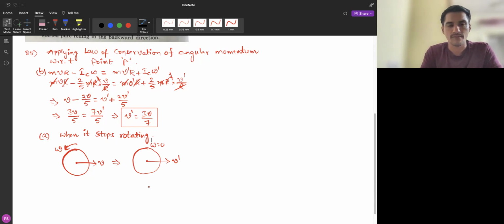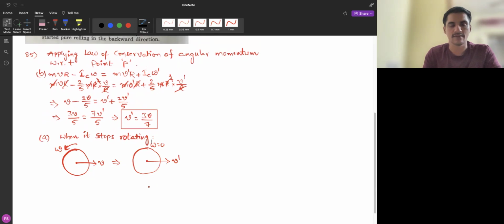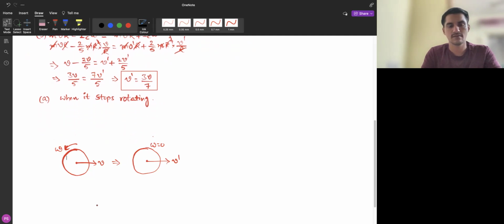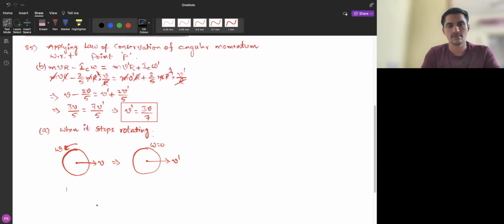So therefore, we can say that in the initial situation we have already just calculated. What is at first? See here, V minus 2V by 5, because everything is same, right?